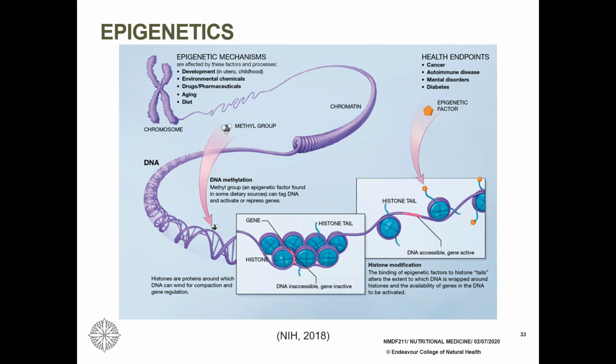However, it is a little more complicated than that. We still don't know all the genes that are expressed by addition of a methyl group, and some are expressed when that methyl group is removed. So we are still learning about that.